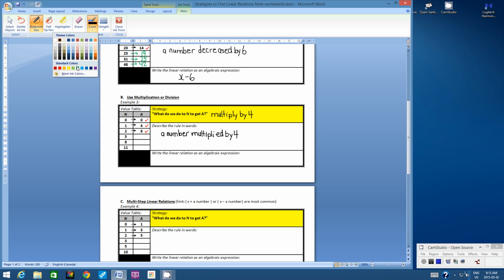Okay, so now let's go to the value table. Okay, let's use this rule. I'm going to give you a head start, and I want you to complete the value table.